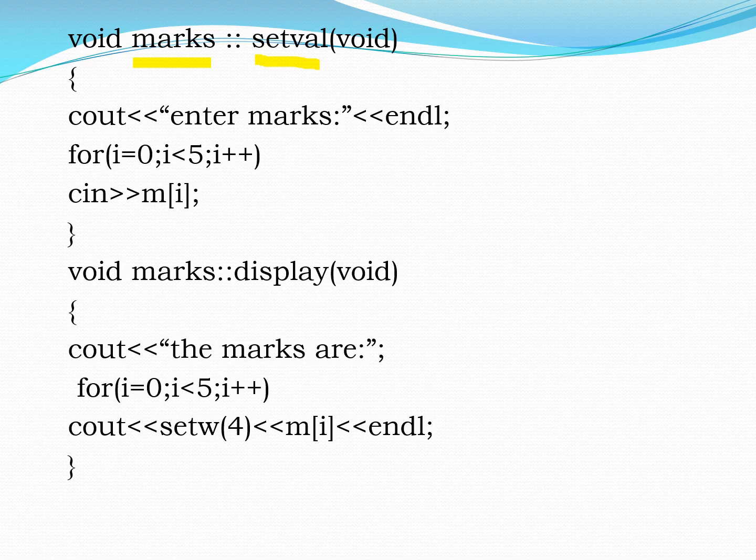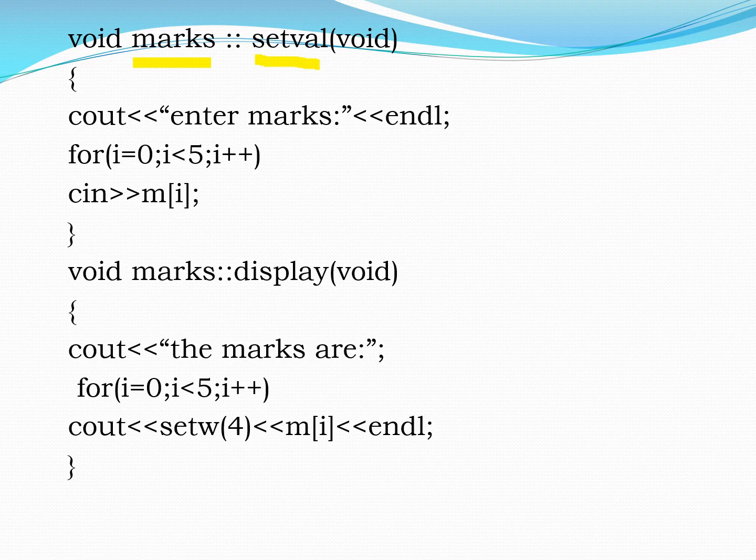Enter the marks: for i equal to 0, i less than 5. i equal to 0 is the initial value, and i less than 5 is the final value, and i++ is the part where it increments, and it is going to store all the 5 values into cin m of i.